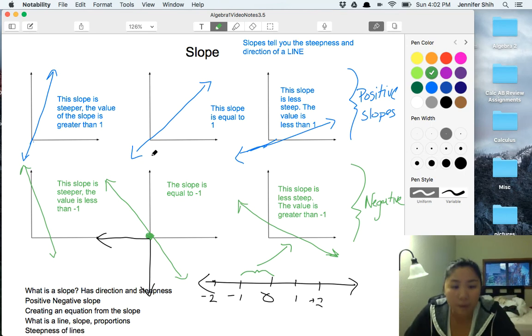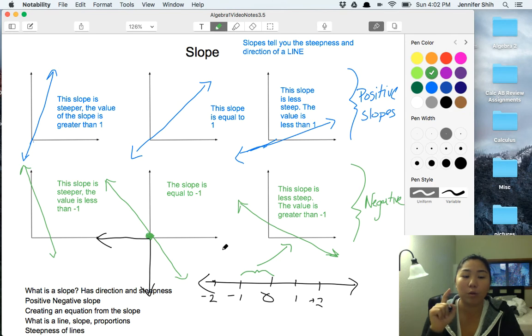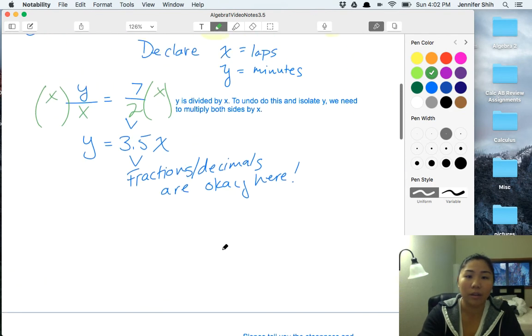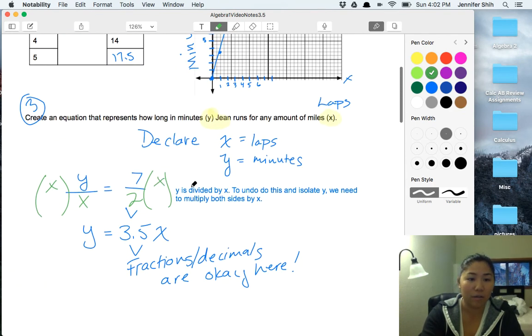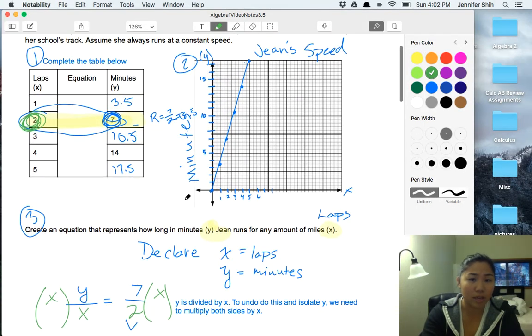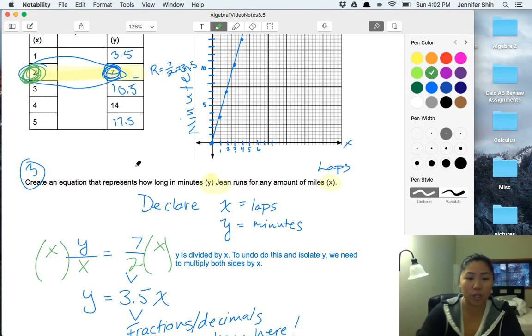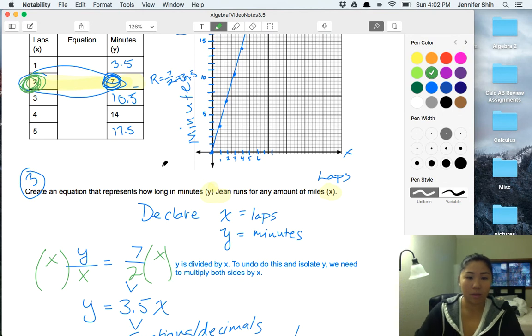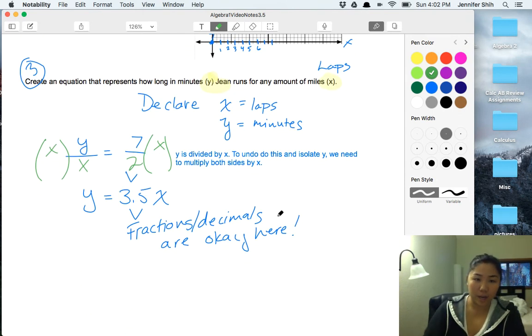And then creating an equation from slope. In class, we're going to talk about how to create an equation from slope. And I'm going to call on this idea that our slope in this case is our proportion. If we go back to your notes, 7/2 is our constant of proportionality.